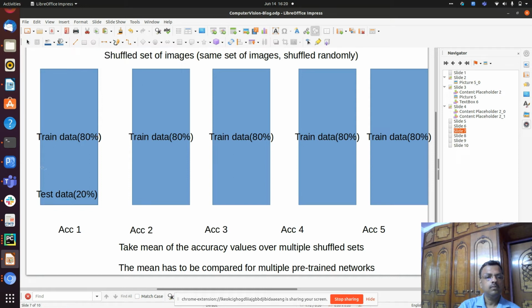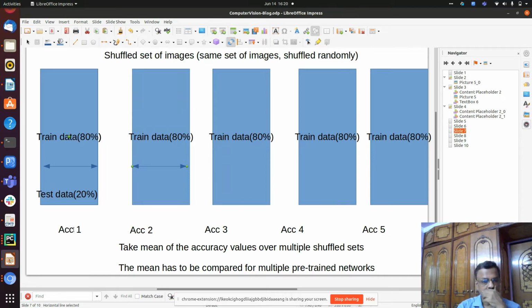So this is my train data, this is my test data. In each of these, I am using an 80-20 split, but each of these is shuffled. So we have five sets of train and test data.